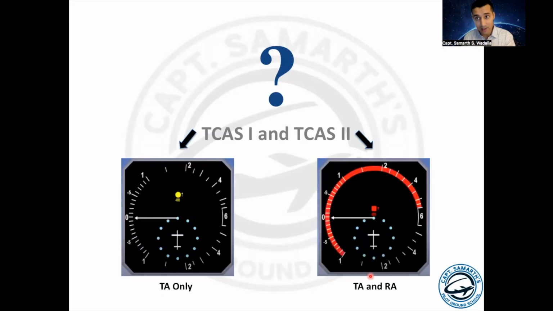And if you don't do anything about it and keep getting closer to that traffic, and TCAS 2 senses that there is a risk of collision, it will be able to give you suggestions for evasive maneuvers. So it will be able to tell your aircraft and the other aircraft in question, suggest a way for both of you to avoid colliding with each other. We'll talk about how that resolution advisory is given in the next few slides.